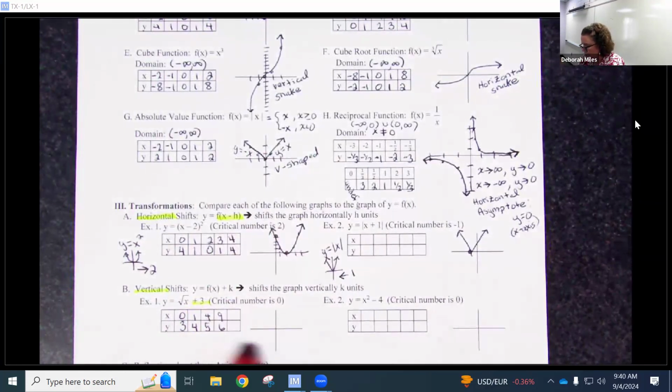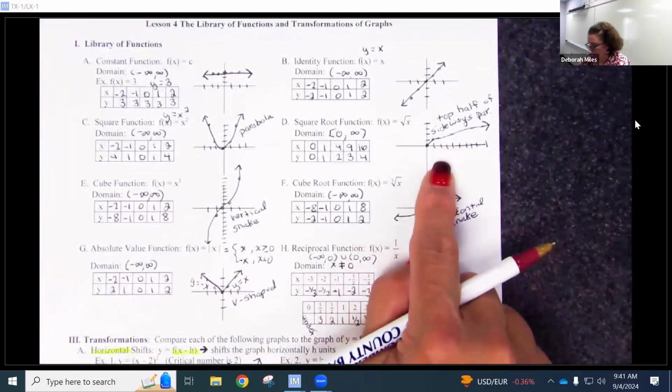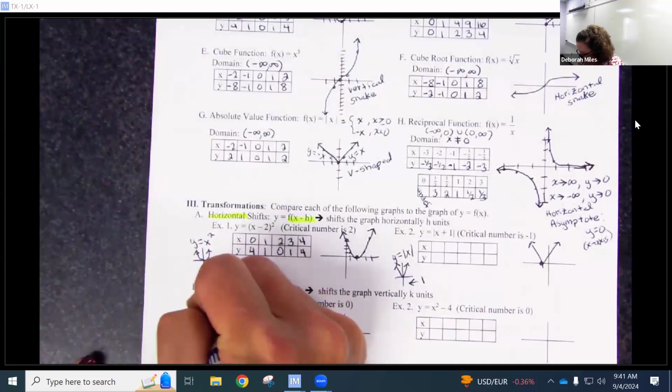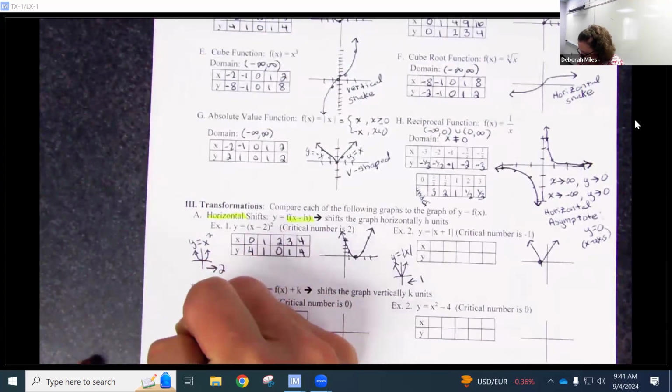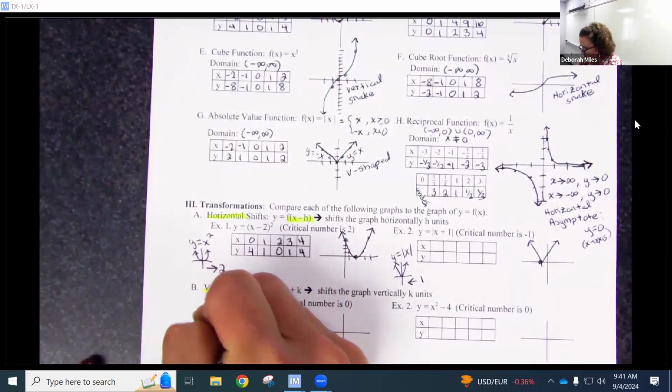I want to plot those 4 ordered pairs. I know what the general shape of the square root of x looks like. It's this top half of a sideways parabola. I'm going to write that out to the side. y equals square root of x looks like this.